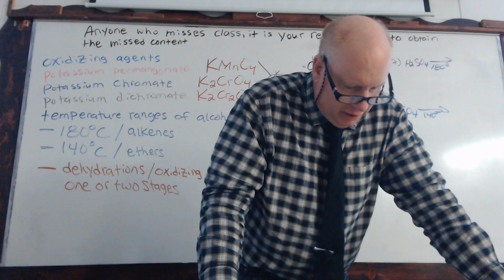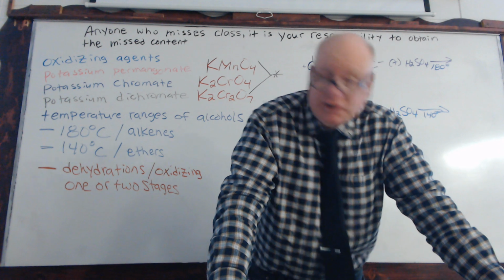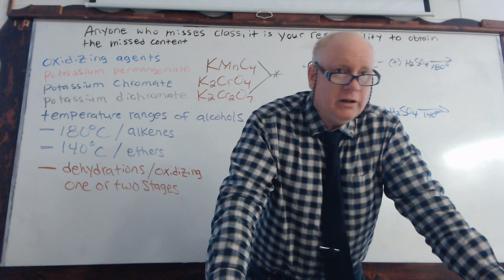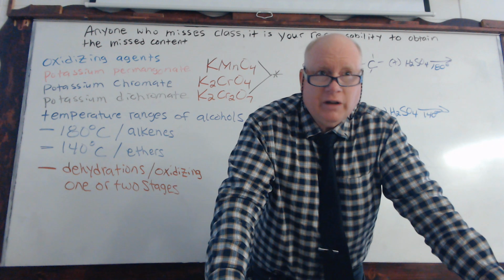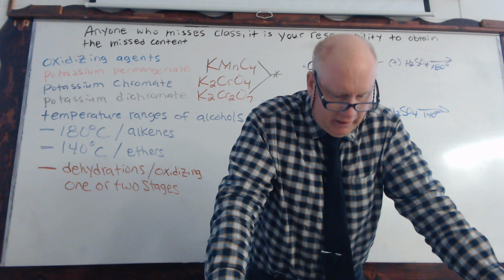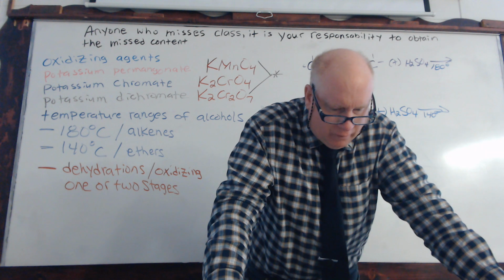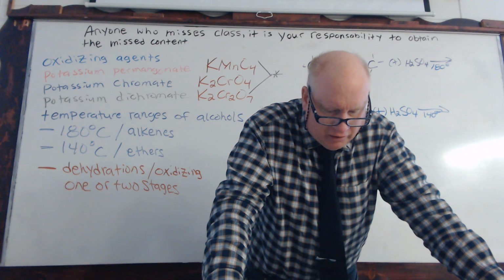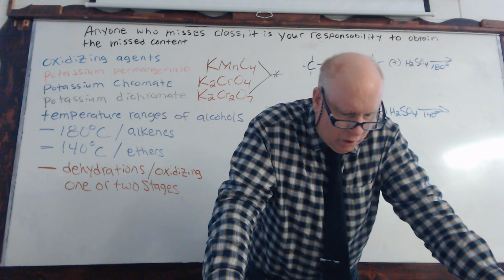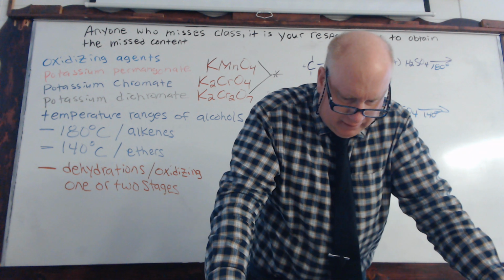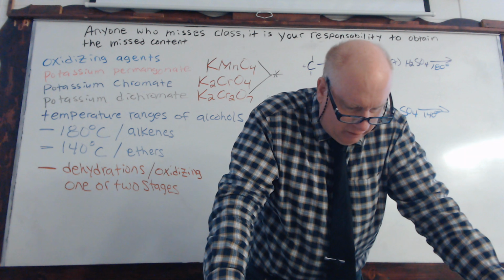Okay, so intramolecular dehydration, even if we didn't go any further, dehydration, what does that mean to you? Yeah, you're going to be removing water, okay? In the form of alkene completes an intramolecular dehydration to form the ether. In intramolecular dehydration, an OH group and a hydrogen atom are removed from adjacent carbons in the alcohol molecule.